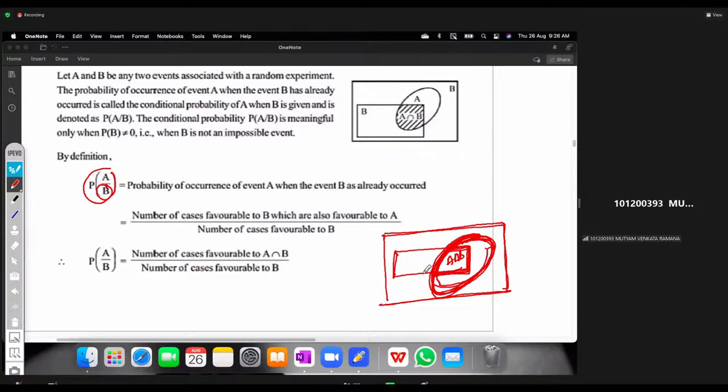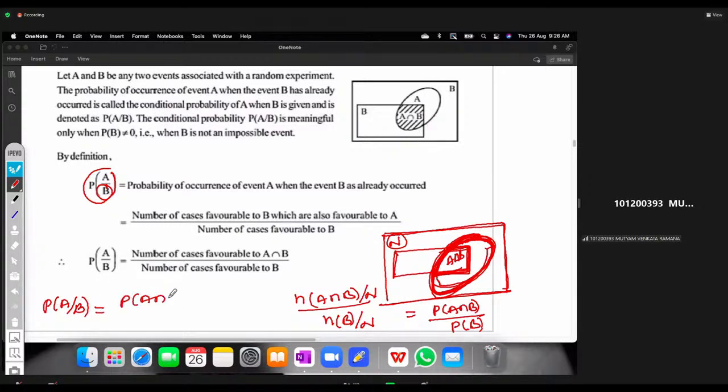In this one, the number of elements in A intersection B, out of the number of elements in B. Dividing by the number of elements in the universal set N, this is probability of A intersection B by probability of B. So probability of A given B is equal to probability of A intersection B by probability of B. So this is called the conditional probability.